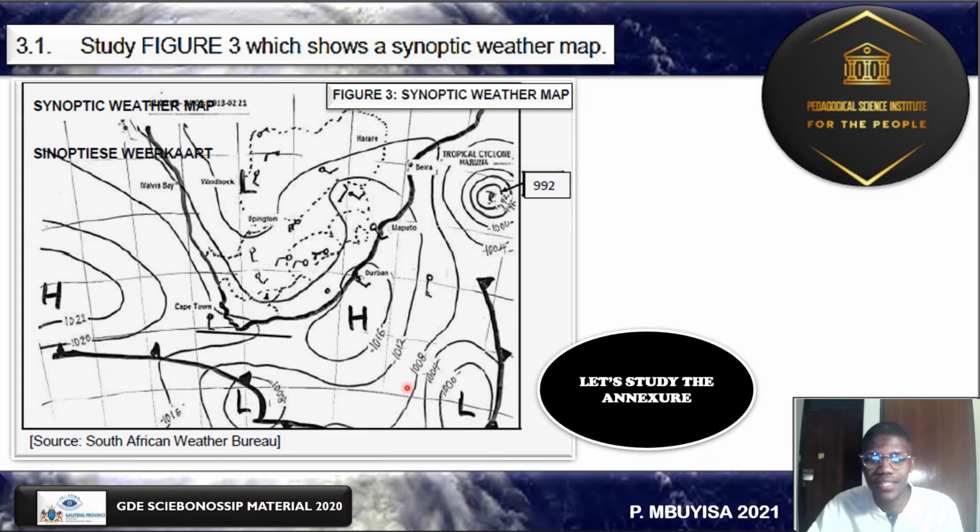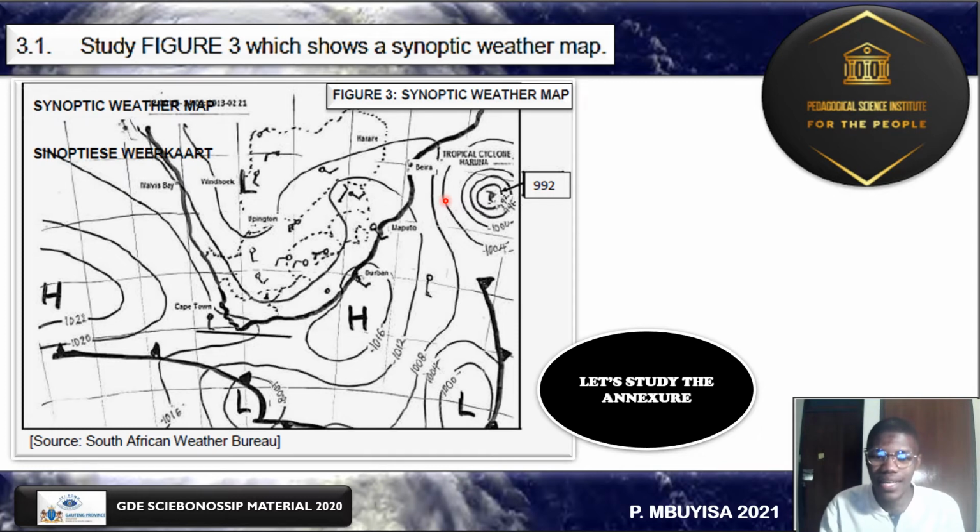One is far east, one is further west, and it's approaching the coast of Cape Town. And at the same time, you see that we have a low pressure in the interior, and on that other side we have a tropical cyclone that has a pressure of 992 hectopascals in the center.